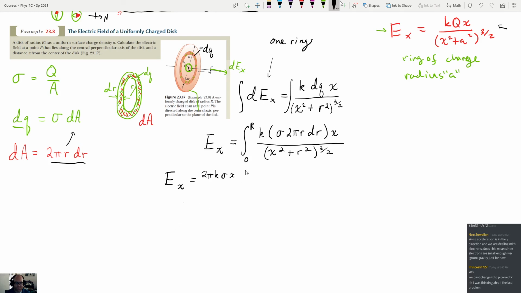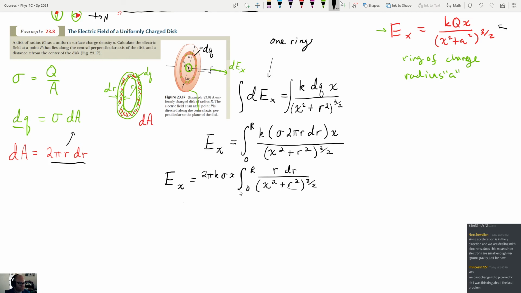And then nothing in the denominator, so that leaves us with just r dr divided by the denominator. And I think we can just do that integral, right? Because we've got the derivative of the denominator right here in the top.